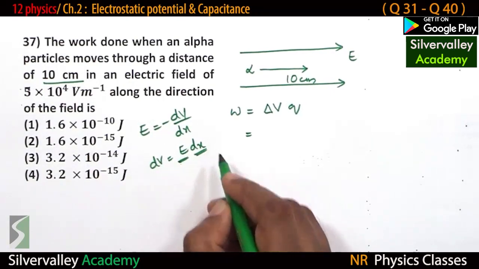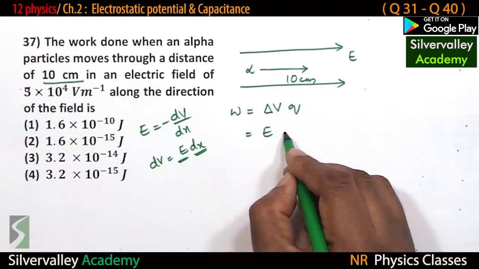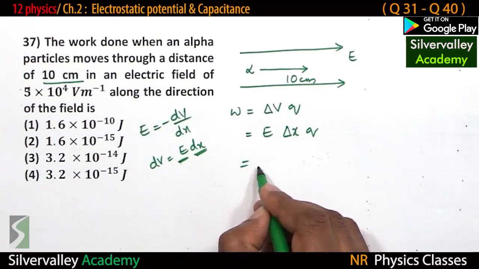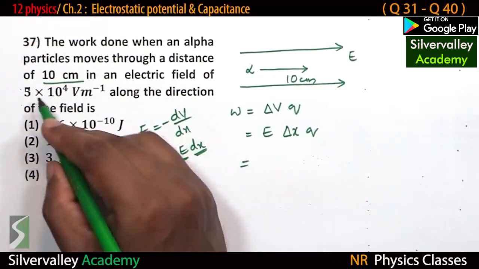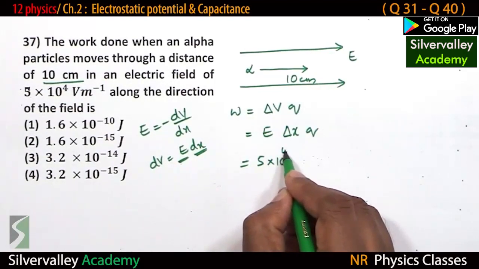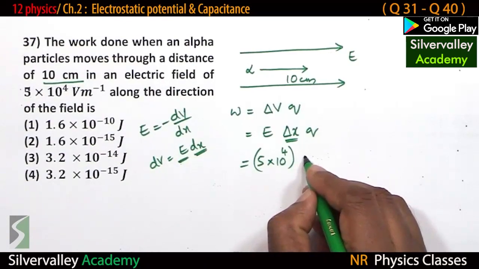Electric field times displacement: delta V is E, delta x is the displacement, and this is the charge. The electric field is 5×10⁴, and the displacement is 0.1 meter.